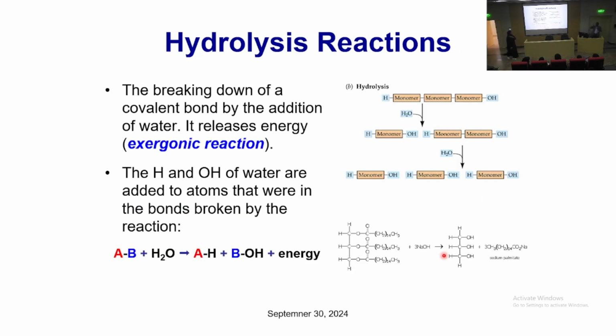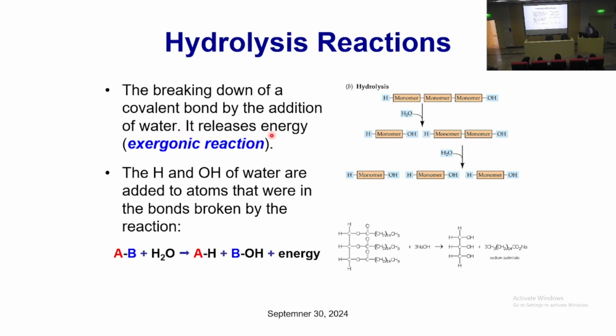The hydrolysis is the opposite of condensation. If you want to break the bond that you have produced with the condensation reaction, you just add water, and that's why it's called hydrolysis, because it is a reaction initiated by adding water. So it is the breaking down of a covalent bond by addition of water. This is the basic definition of hydrolysis.